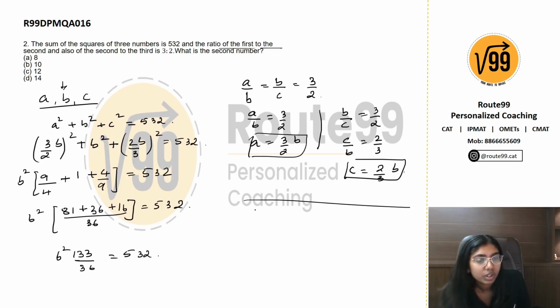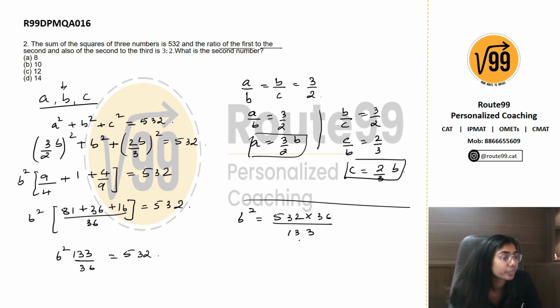So now the value of B square will be 532 multiplied by 36 upon 133. If you divide this, I guess 532 will get cancelled out with 133. 133 fours are 532, so this will be 4.